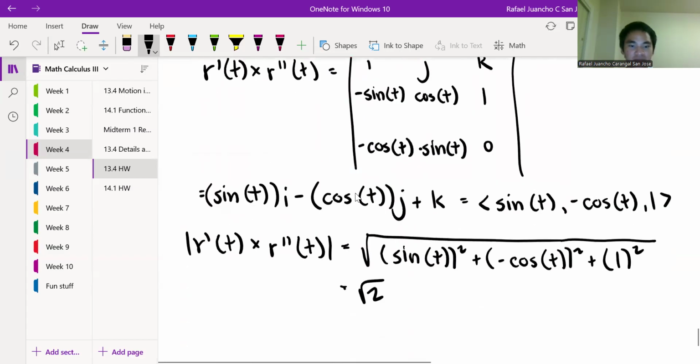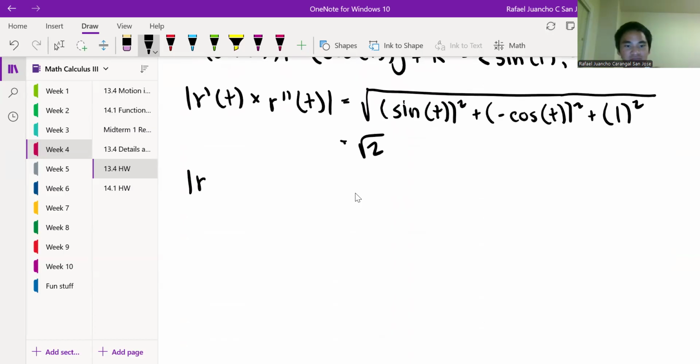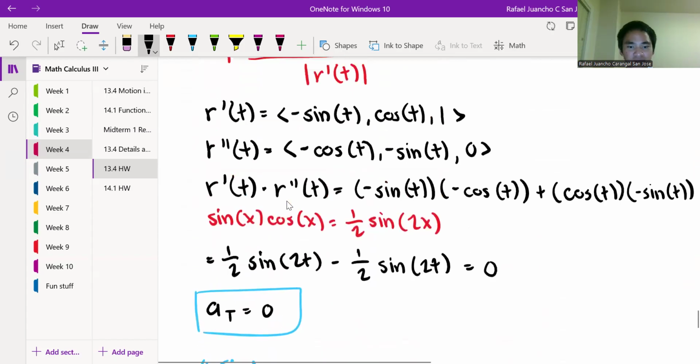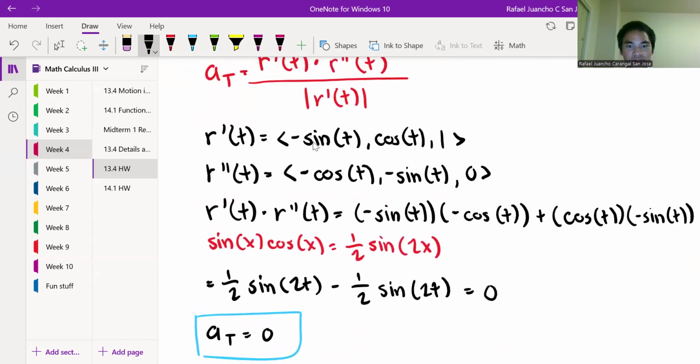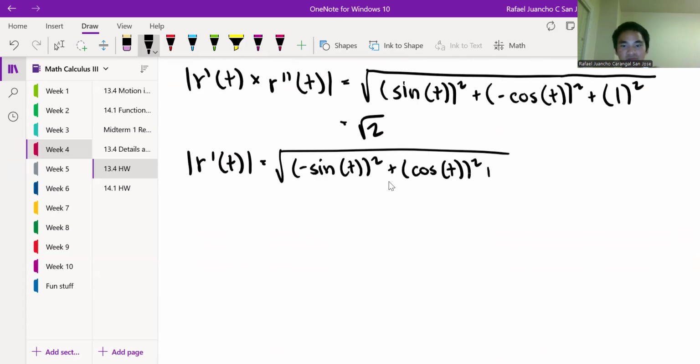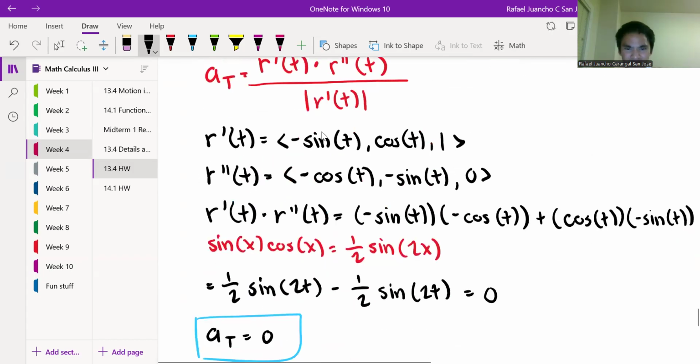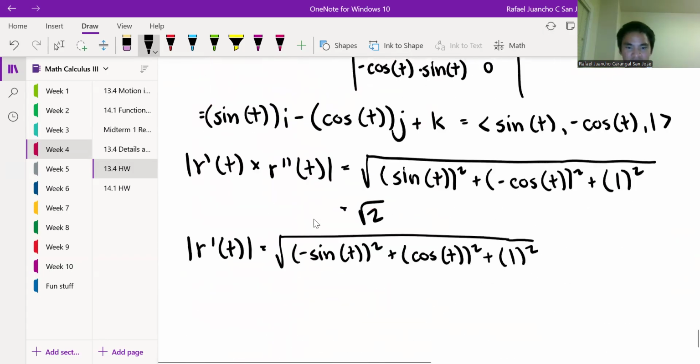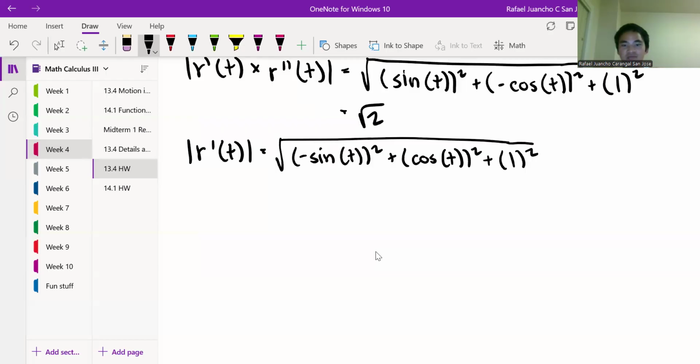I get my magnitude of my first derivative. What in the world is this? So this is this one. We square all of them. So my first component squared, my y component, or my second component squared, my third component squared. Did I get it? Sine, cosine 1. Negative sine, cosine 1. Okay. This is sine squared plus cosine squared.